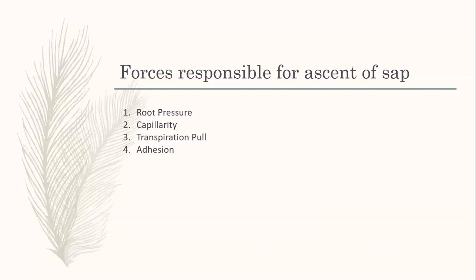A water column is maintained from the base of the plant to its top. Then it helps to ascend the sap. These are the topics you study from the lesson absorption.